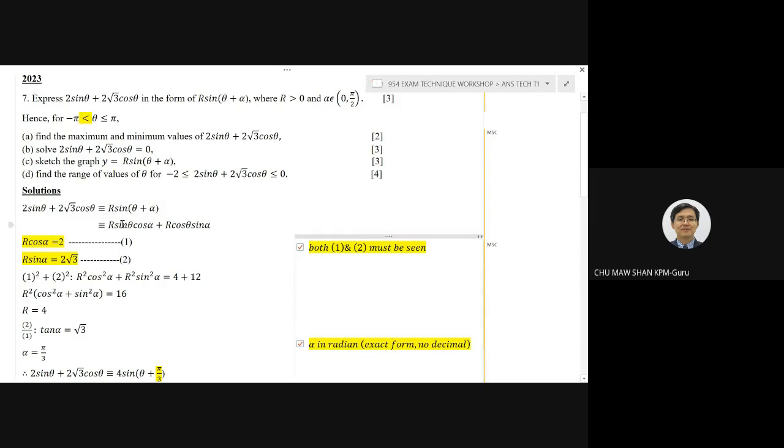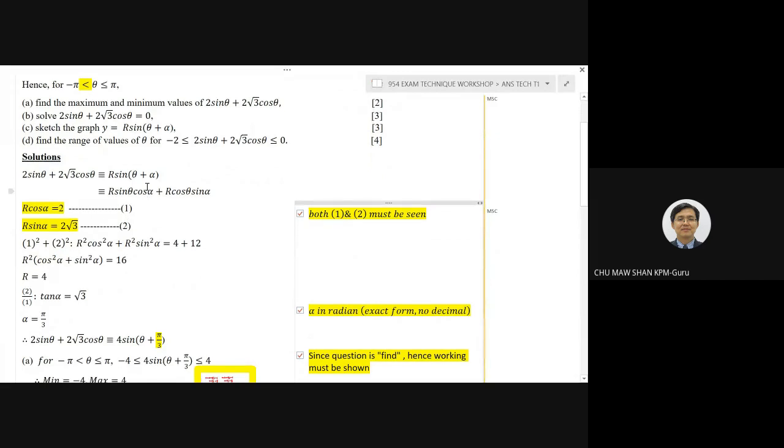When we expand the compound angle formula, you get r sine theta cos alpha plus r cos theta sine alpha. Comparing both sides of the expression, we get r cos alpha is 2, r sine alpha is 2 sec 3. Just simply write this, you get a mark.